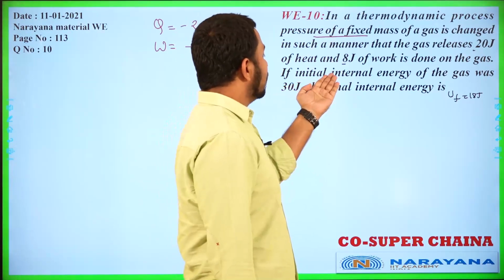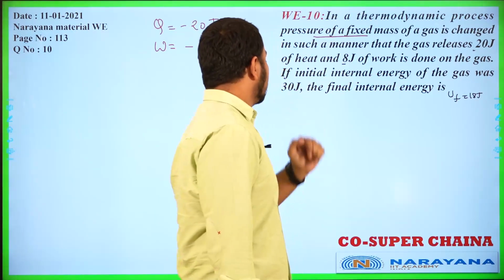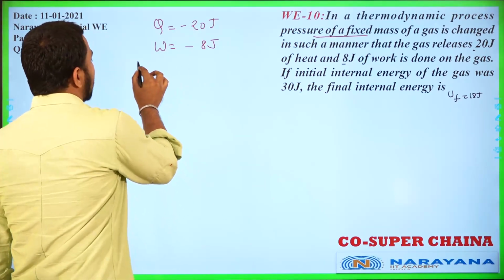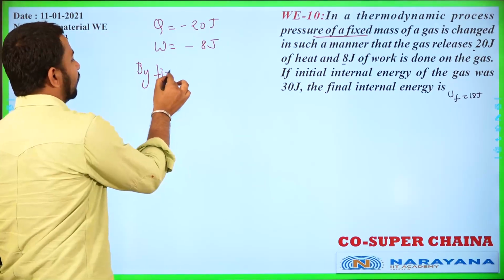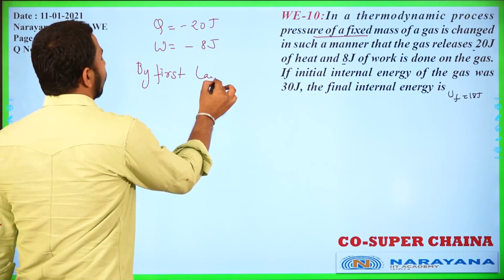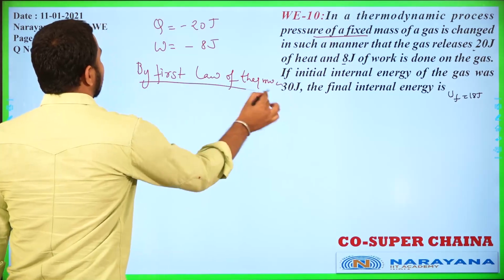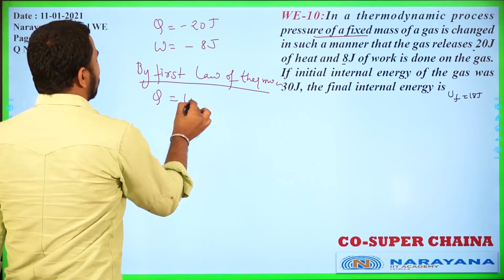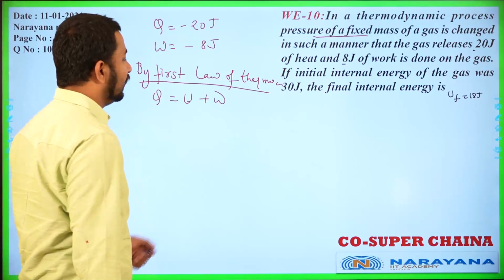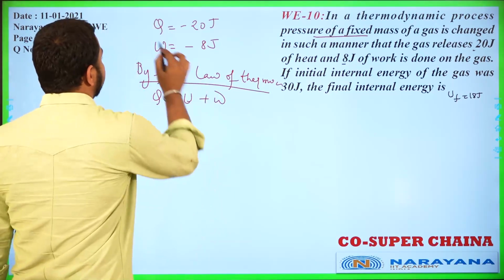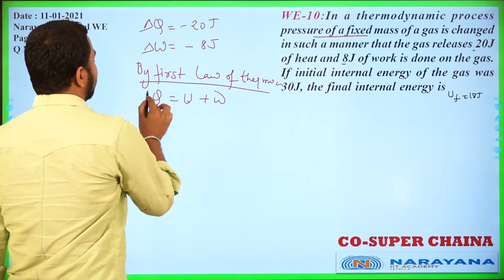If the initial internal energy of the gas is 30 joule, we'll apply again the first law of thermodynamics. What can we write? We can write delta Q is equal to delta U plus delta W, right? Now we need to get delta U here, and these are the delta values given.